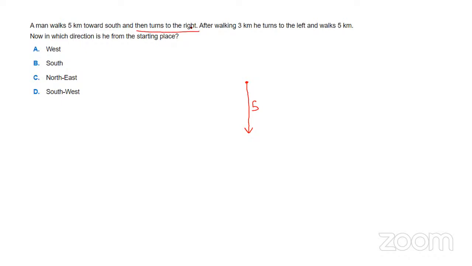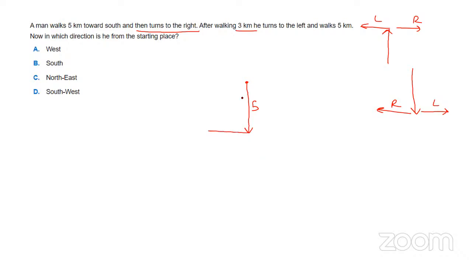So you should be very comfortable with the directions. If he is moving towards the north, the left is on this side and the right is on this side. But if he is moving towards the south, the left will be on this side and the right will be on this side. So you should be very comfortable with left and right. Depending on the direction you are moving, the left and right will change accordingly. So turning right means he's moving towards this direction.